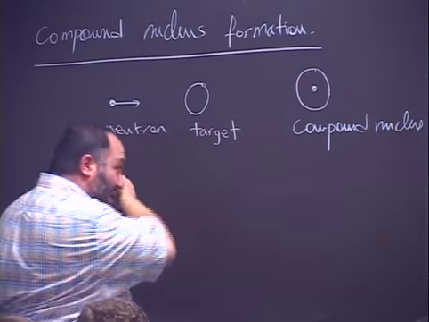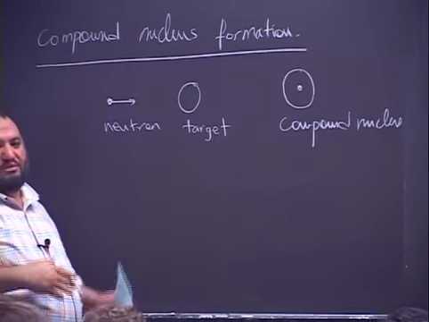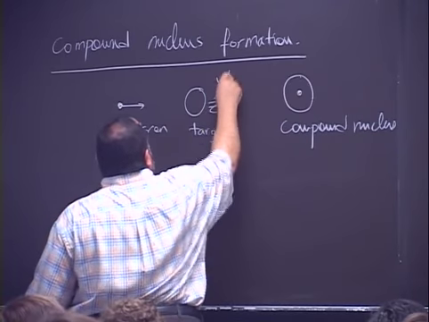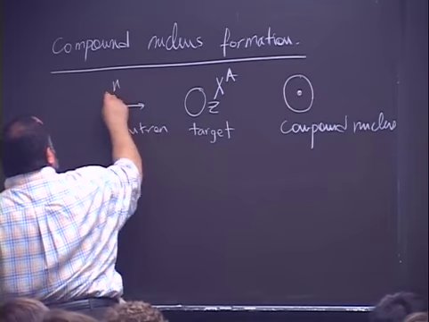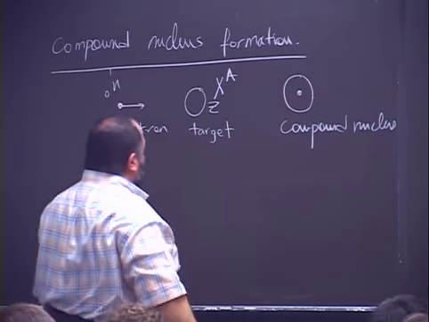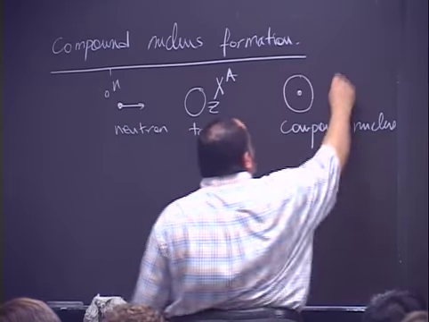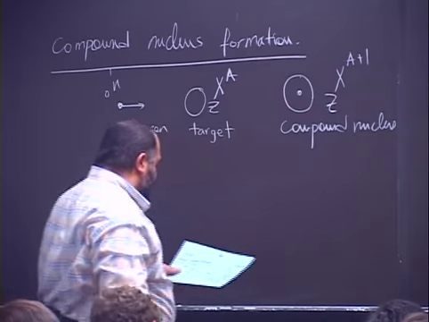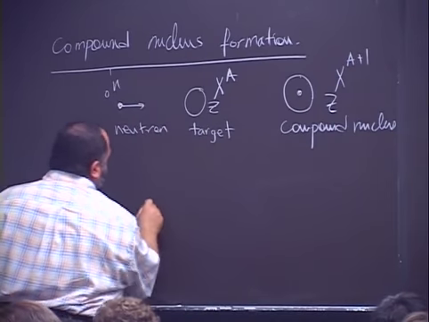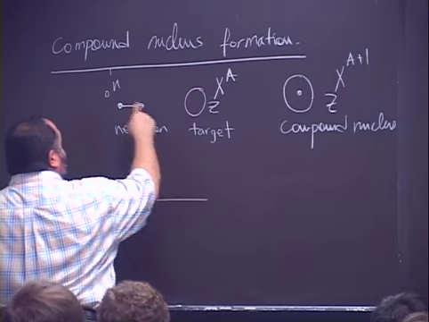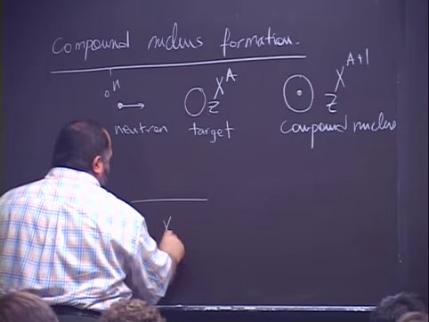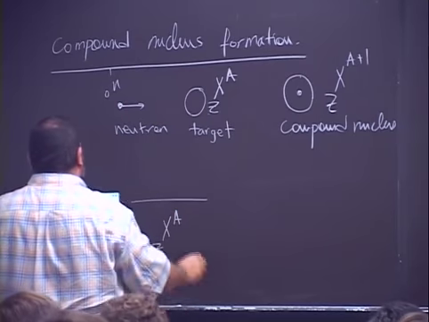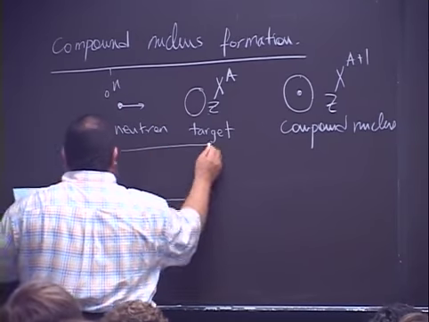And if you look at the energy levels, let's say this is X with atomic number Z and mass number A, and this is the neutron, which is 0, 1, does not have a charge but has a mass. So the compound nucleus will be X Z, A plus 1. If we plot the energy diagram, the nucleus X Z, A will be at the ground state, and this is an excited level here.